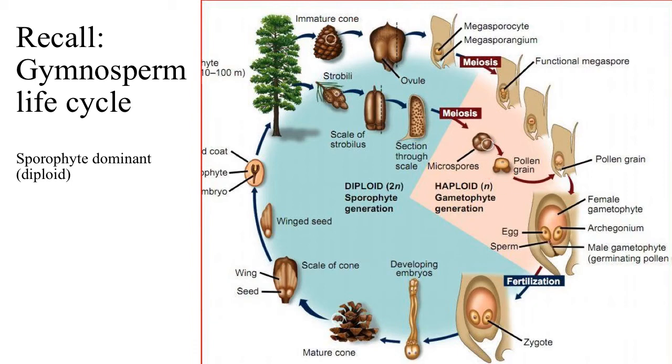So just like in humans, gymnosperms have gametes. So human gametes are sperm and egg. Gymnosperm gametes are pollen and egg. And that egg is found in the megaspore.